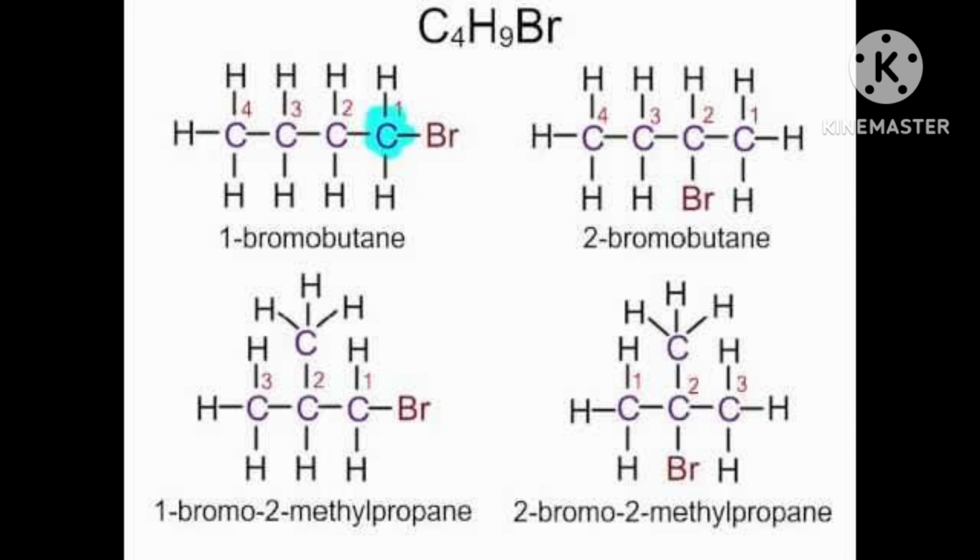Common name you can easily tell, because 3 carbons are there, it will be related to propane only. Because chloride is attached, propane will be called propyl. And Cl is attached with the central carbon, so it will be called isopropyl chloride. And this is the common name. What will be the IUPAC name?